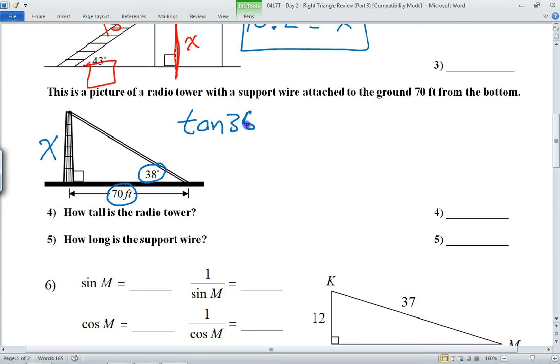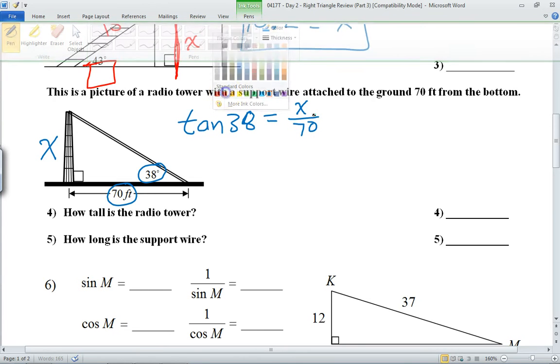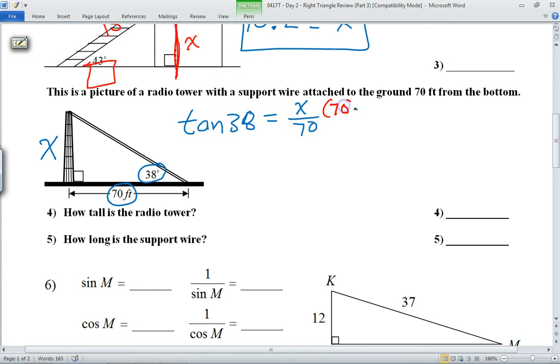So tangent of 38 degrees should equal opposite over adjacent, so x over 70. And again, to get that x by itself, we're just going to multiply both sides by 70.